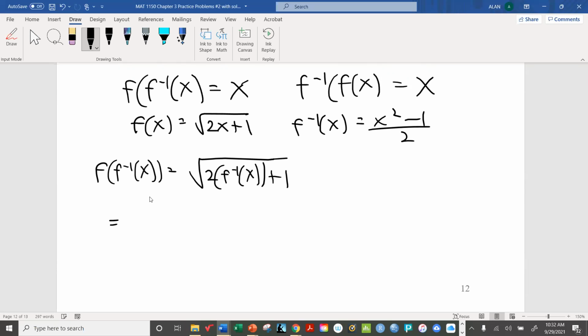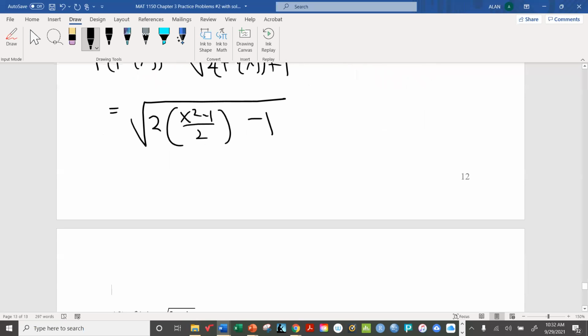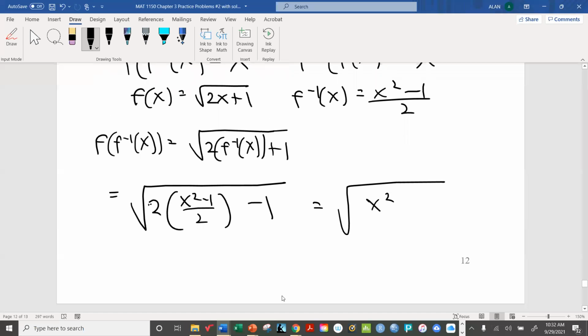And so that gives us 2 times everything here. And let's see if it turns into x. We've got our fingers crossed. Now these 2's cancel each other out. Oh, sorry, I copied this wrong. This is plus. Okay. So these cancel out. X squared minus 1 plus 1. So that one works.